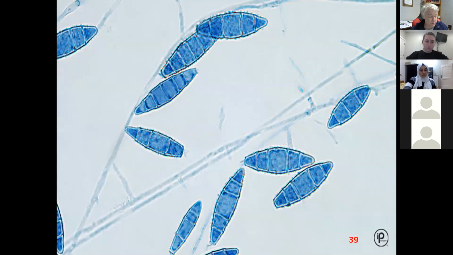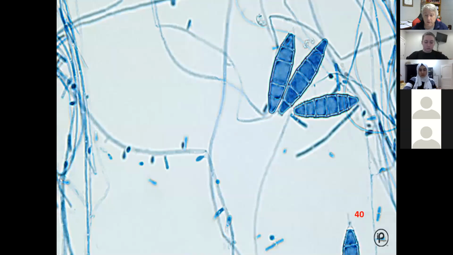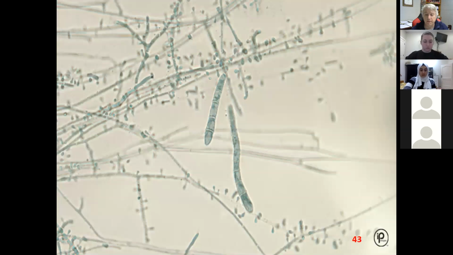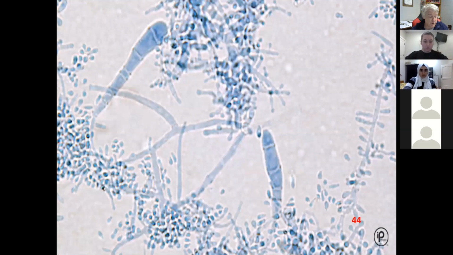To 39, which is our Microsporum gypseum. To 41, which is our Epidermophyton floccosum. 43, Trichophyton rubrum. 44, Trichophyton mentagrophytes, right? Mentagrophytes.